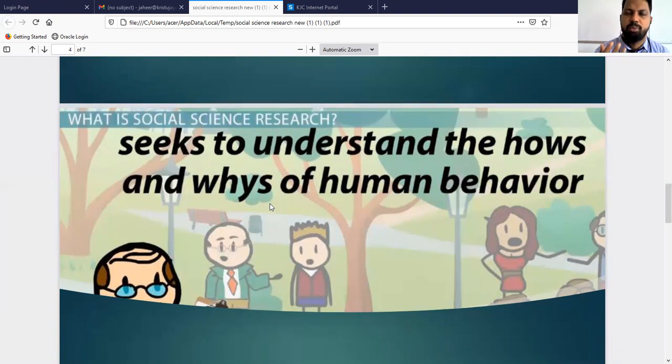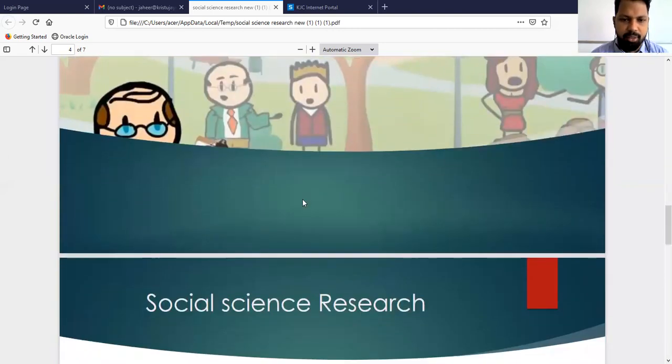It is a systematic method to correct the doubtful things that are there in the society. It is a systematic method to know new facts or verify the old ones. So that can be a definition for the social science research.